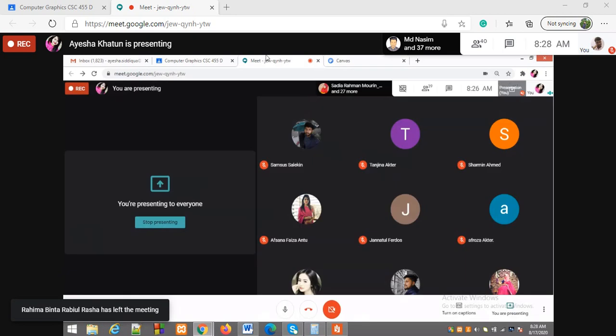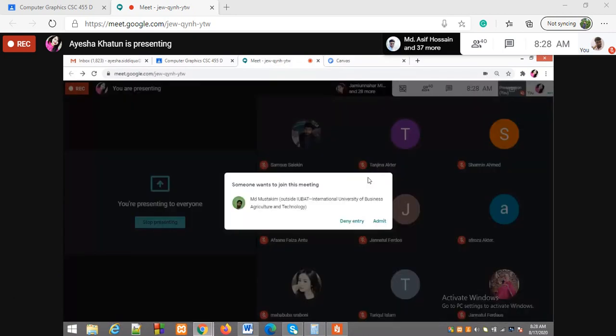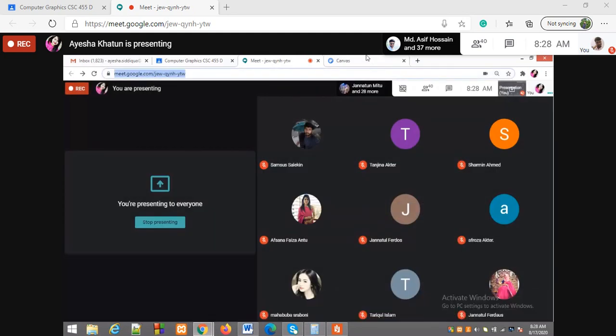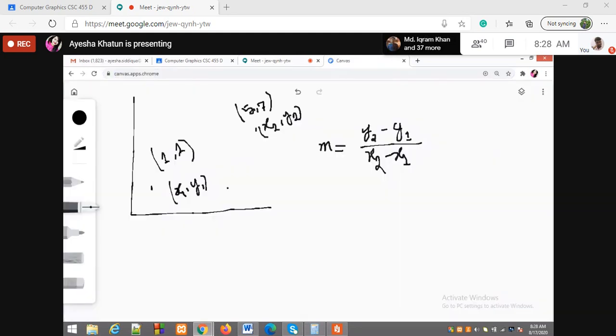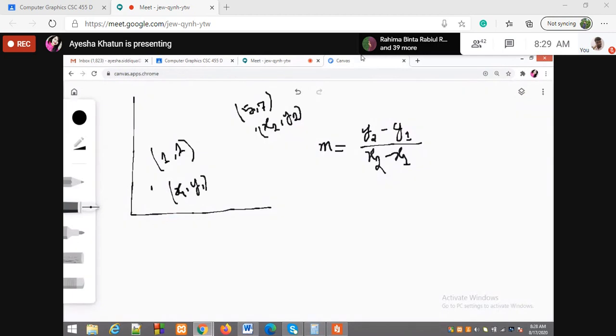Yes, ma'am. So tell me, what is the slope value? Here x2, y2 is 5, 7 and x1, y1 is 1, 1. So what is the slope? Ma'am, 6/4. Yes, 6/4. That is 7 minus 1 and then 5 minus 1.